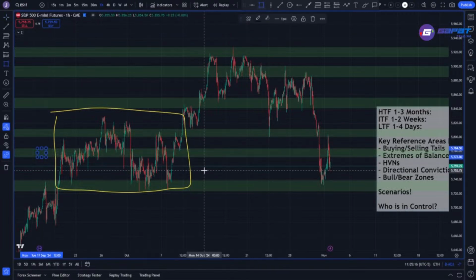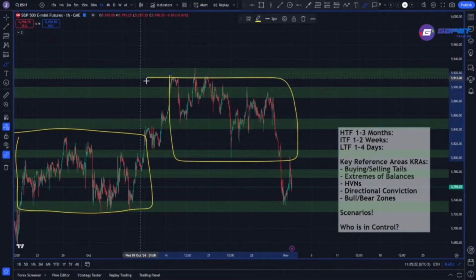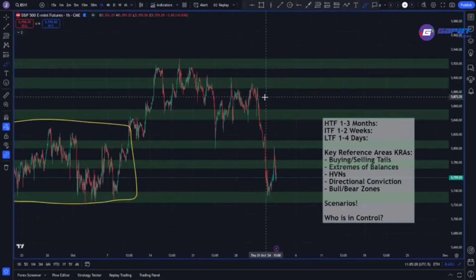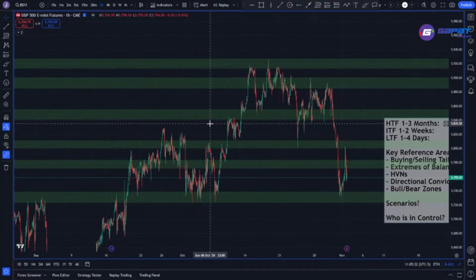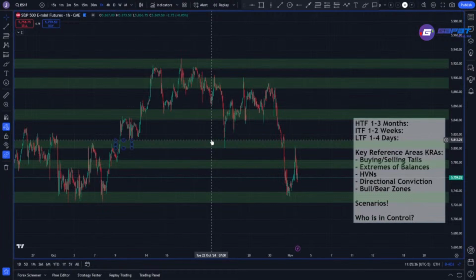And then again, if we're looking at this as the balance and then the two smaller ones, you could have high volume nodes for each of those as well. One thing to know about high volume nodes is oftentimes you get directional movement after testing the high volume node.